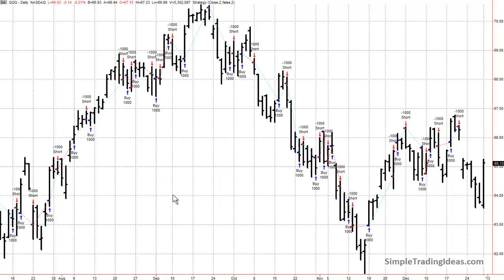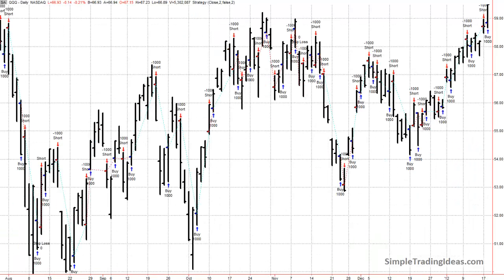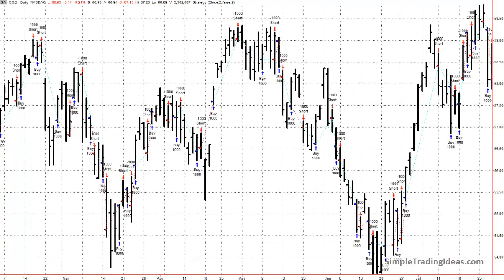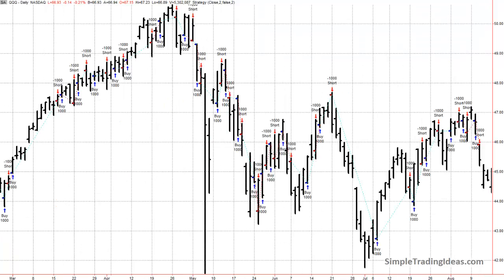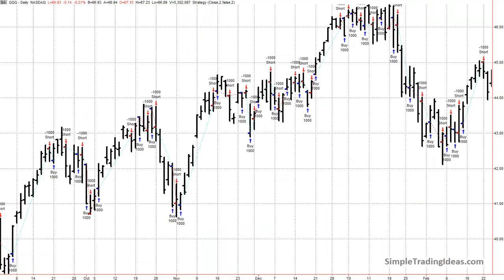Okay, so let's scroll back here. Let's find a period where we actually hit our stop loss, because the interesting thing is, in a situation like this where we have a small moving average, and this is a 2-day moving average, the trades are entered into and exited frequently.